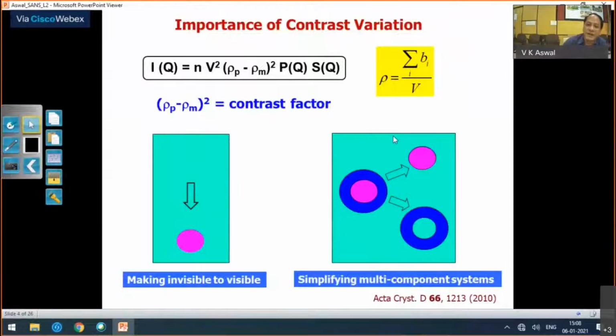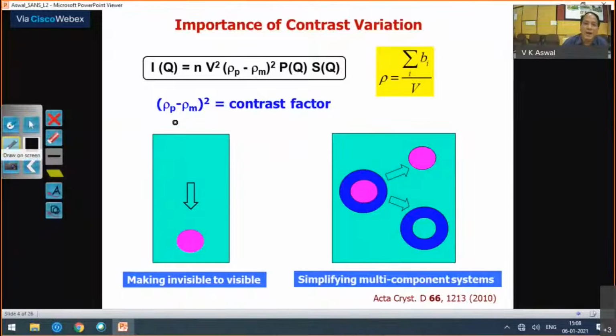So why is this technique popular? This technique is popular, as I said, because you can simplify the system. And how do you simplify the system? That is by varying the contrast. And this term, which is the square of the difference of the scattering length density of the particle and the medium, is the contrast term. And how do you change this?